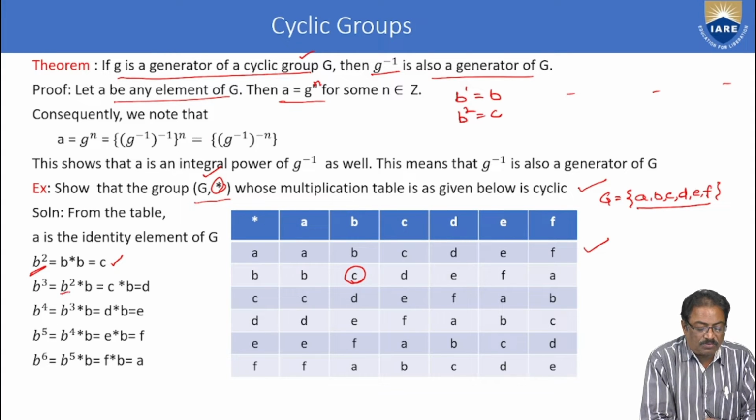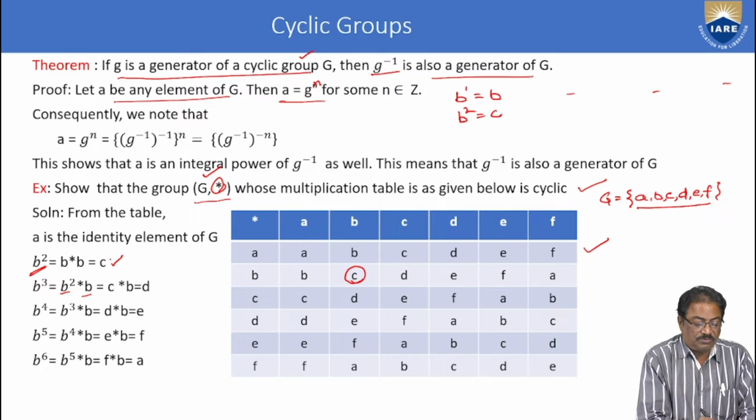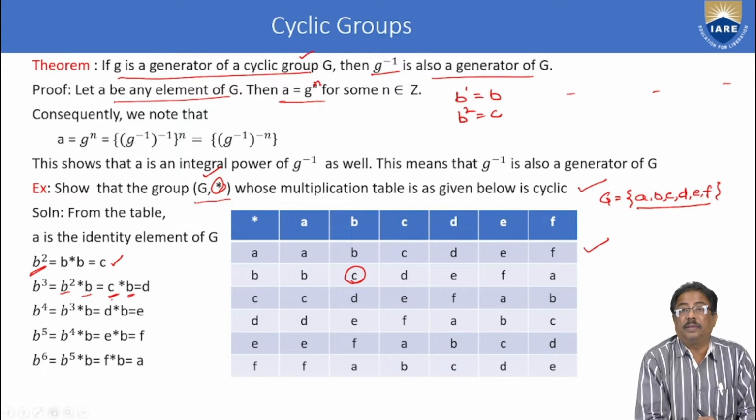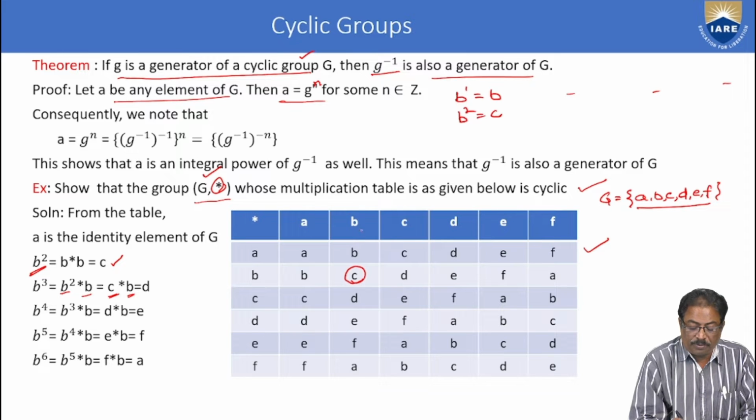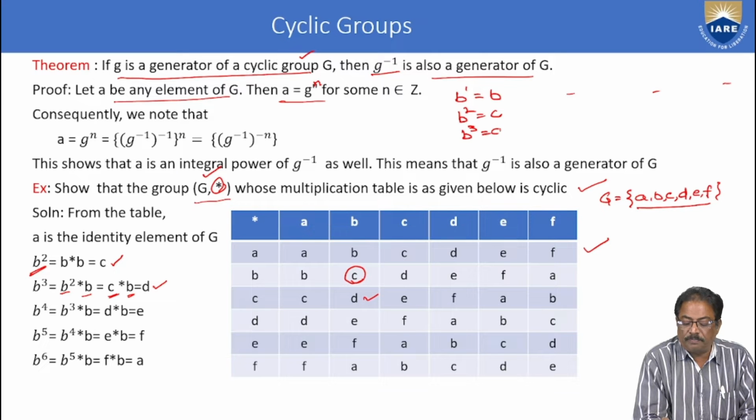B cubed is B square into B. B square is already calculated, it is C. C into B. So what about C into B? It is D. So B cubed is equal to D.